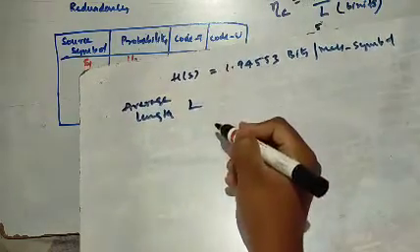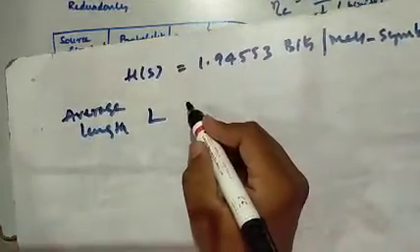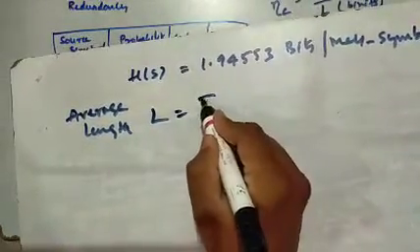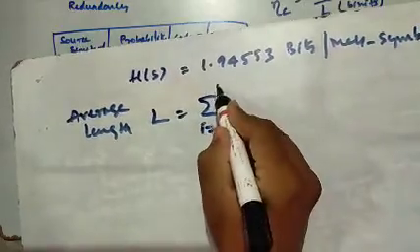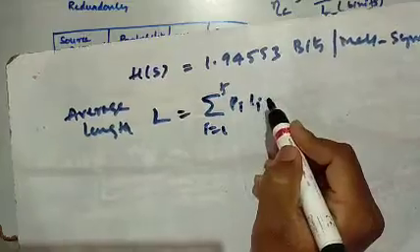I have to find the average length, that is denoted by capital L. Average length denoted by the capital L is equal to summation I is equal to 1 to 5 Pi into Li.